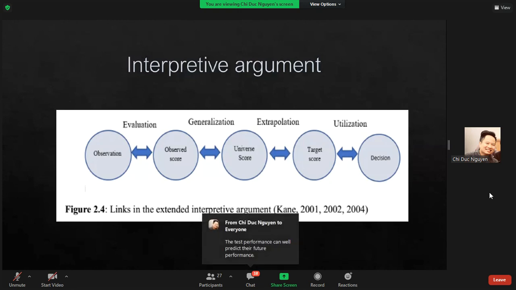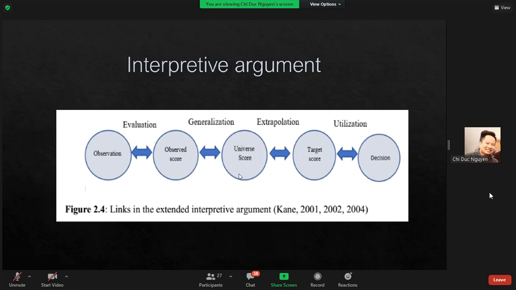So this is claim number 3, about extrapolation. Extrapolation means that we use one example in order to predict multiple examples in the future. From the test score of the student, we can claim that this kind of test performance can predict very well their future performance.